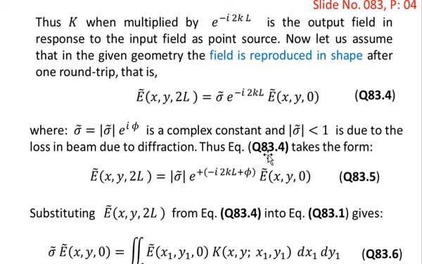Thus equation number 4 takes the following form. We are now substituting sigma prime equal to sigma mod into e to the power iota phi into equation number 4, and after collecting the terms of interest, we have the field in equation number 5, that is E prime of x, y, 2L equal to sigma mod multiplied by e to the power minus iota (2kL plus phi), and then we have the initial field E prime of x, y, 0.